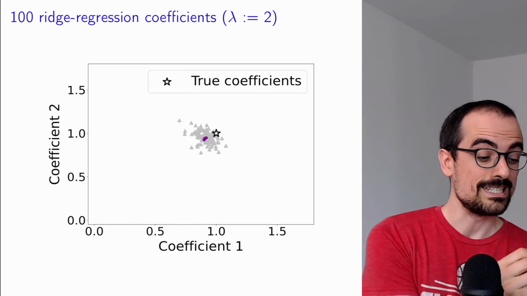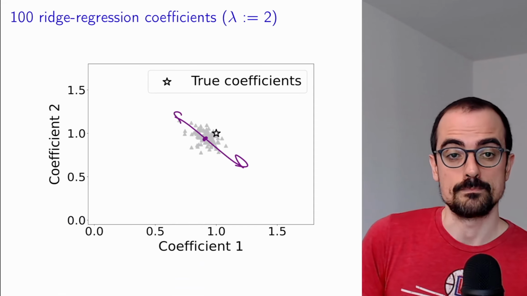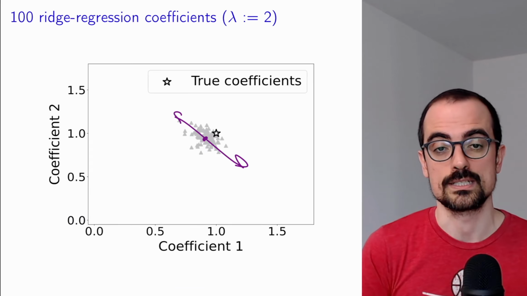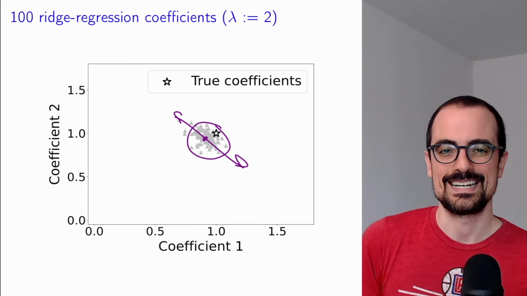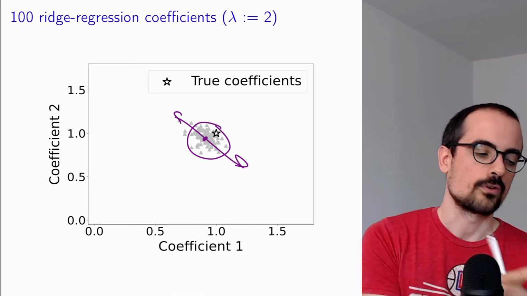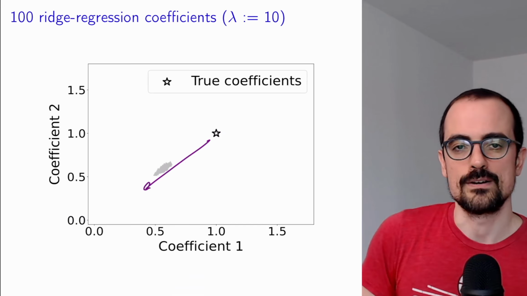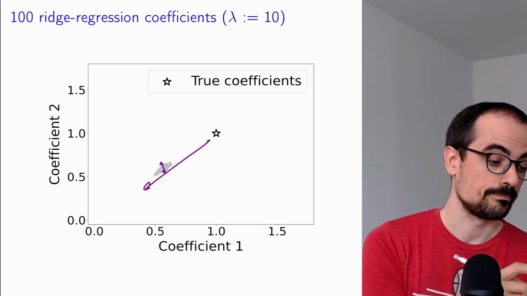And two, there is much less variance in this problematic direction where the features have small sample variance, and that's great because in general we have a much better estimator of the true coefficients, even though it's biased. Of course, if lambda is too large, the bias towards 0 becomes very large and the estimator is not that great anymore. Realize that the variance has become even smaller.